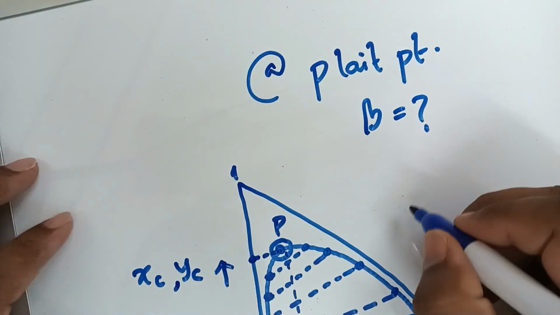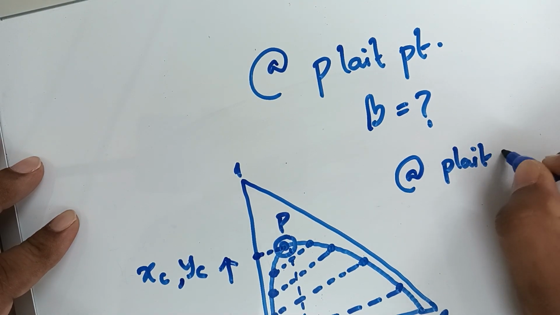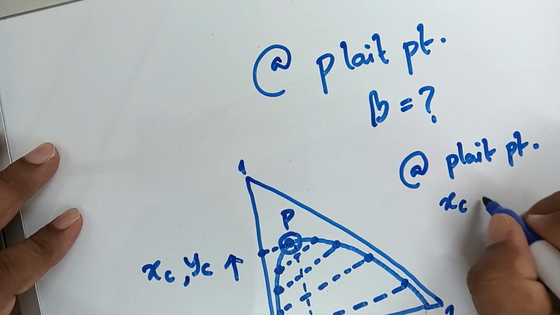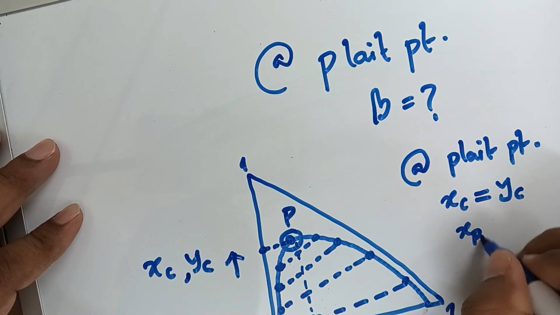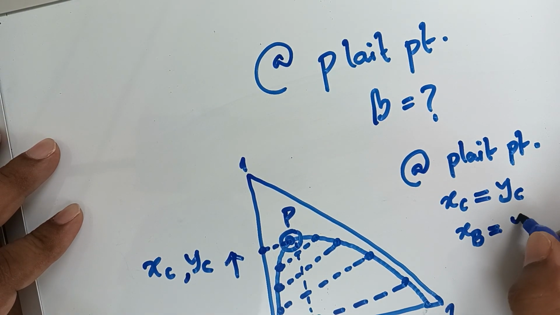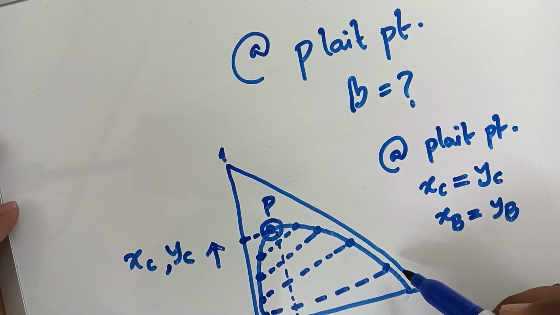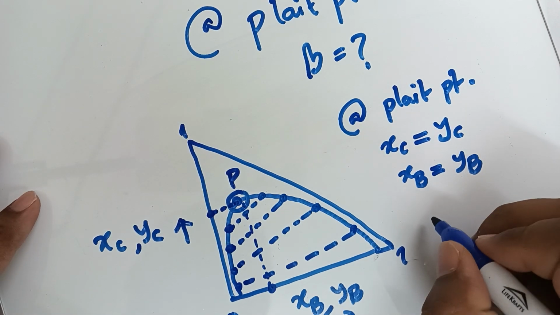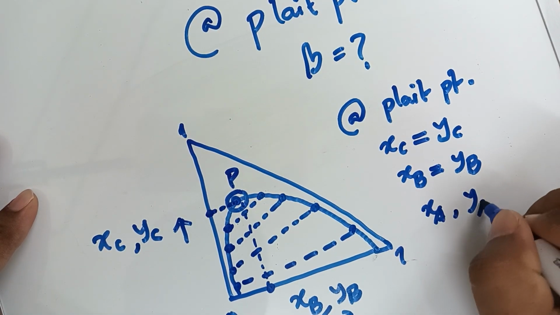So at plait point, XC is equal to YC and XB is equal to YB in a right angled triangular diagram. However, to find out the selectivity, we are supposed to find out the value of XA and YA.